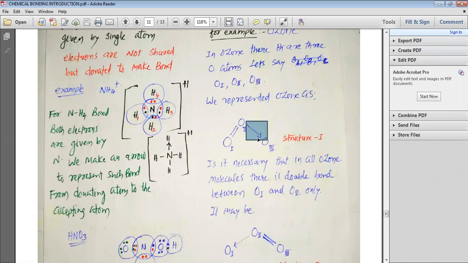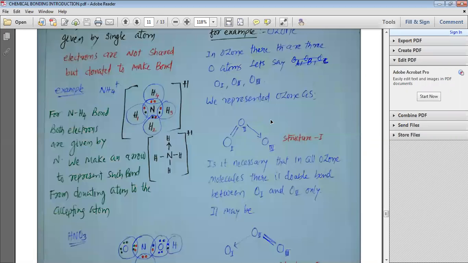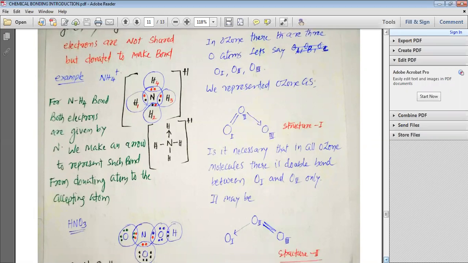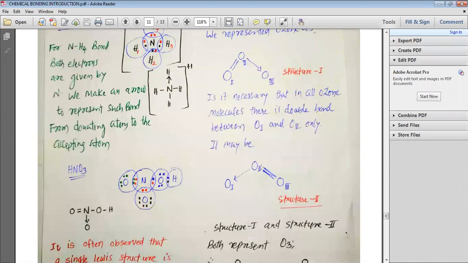Now the question arises: why don't we have a double bond between O2 and O3? Here we have represented the double bond with O1 and O2, but there can be a double bond between O2 and O3, and O2 can give the electrons to O1 to make the other bond. This is an important possibility, and we cannot deny it.